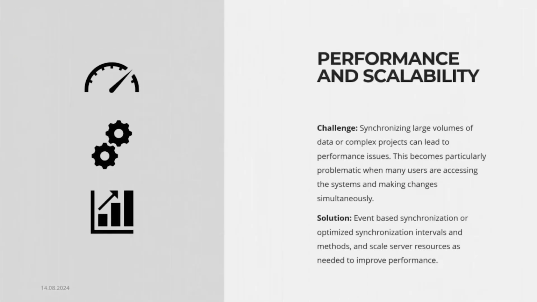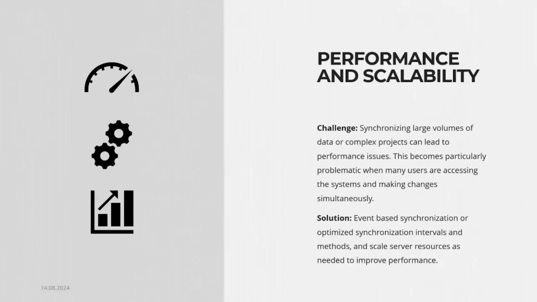The next challenge you might face is performance and scalability. Synchronizing small trackers or small projects is mostly not a problem. But when you have big projects with many user stories and items and so on, then performance could be a challenge for you.